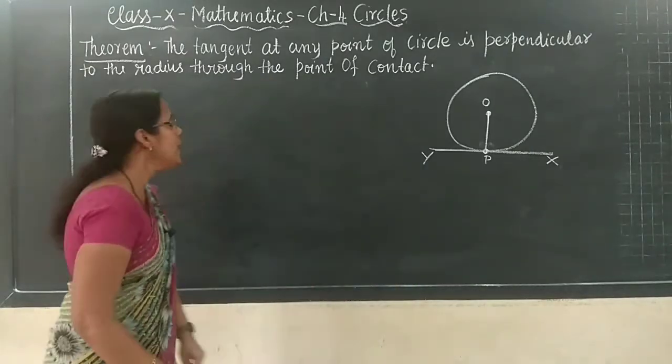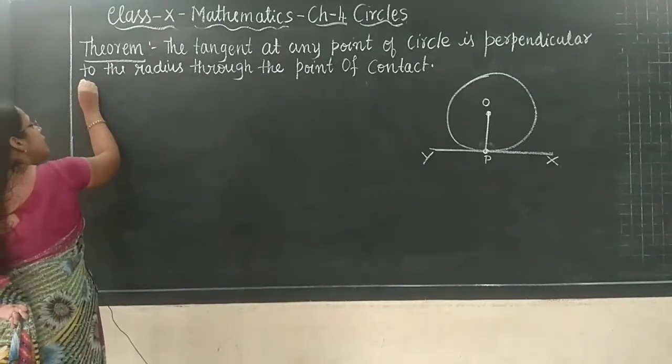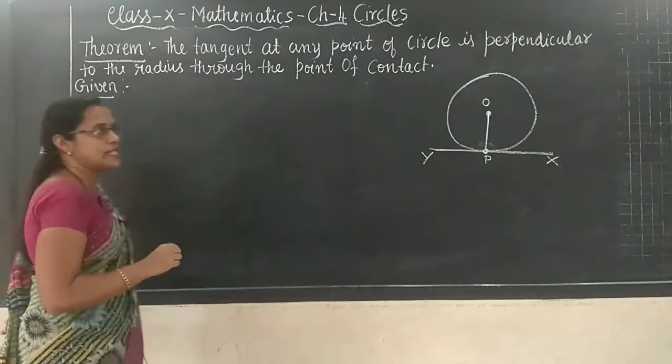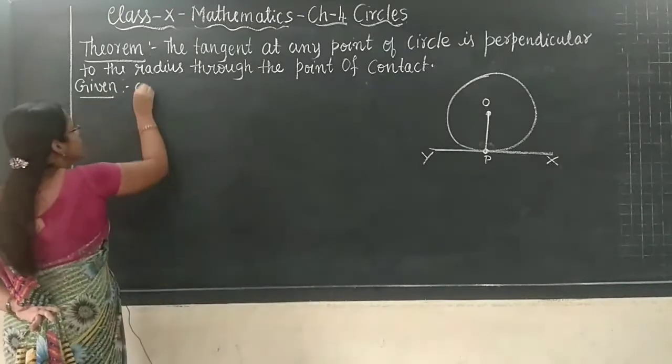Just see here. First, what is given? O is the center of the circle.